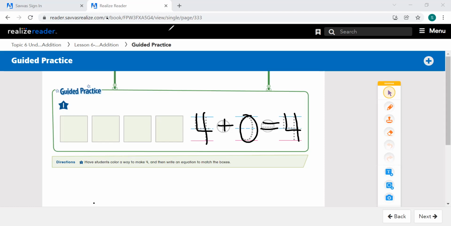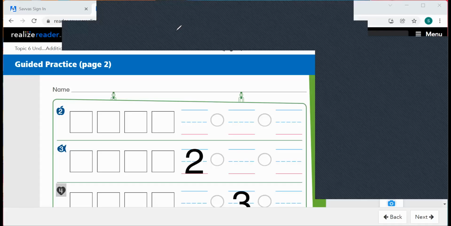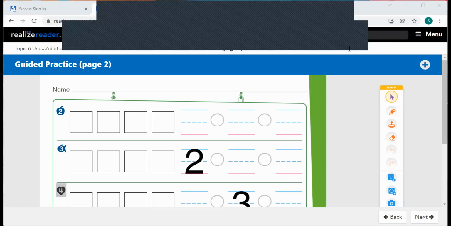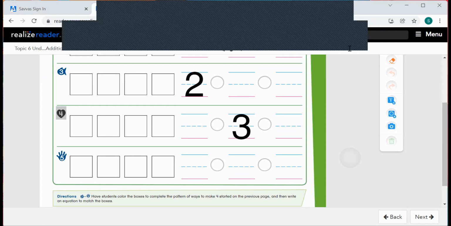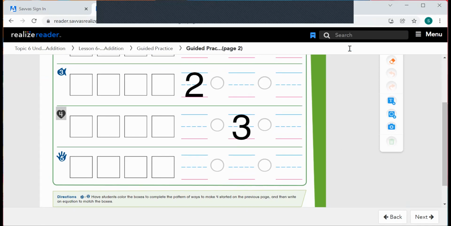All right, let's go to the next page. Okay, we are on our guided practice. It starts at number 2. And what you are going to do is color the boxes to complete the pattern of ways to make 4. And we started that on the previous page.